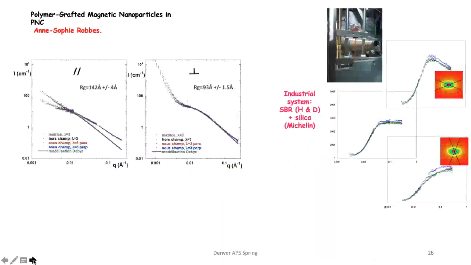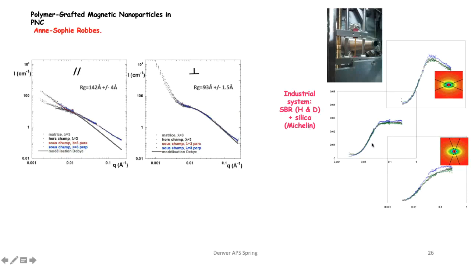So I will just show you very briefly that you can have exactly the same effect. That means no strong effect of the fillers on the chain deformation in an industrial system on the right, which was actually a Michelin polymer with some aggregated silica.